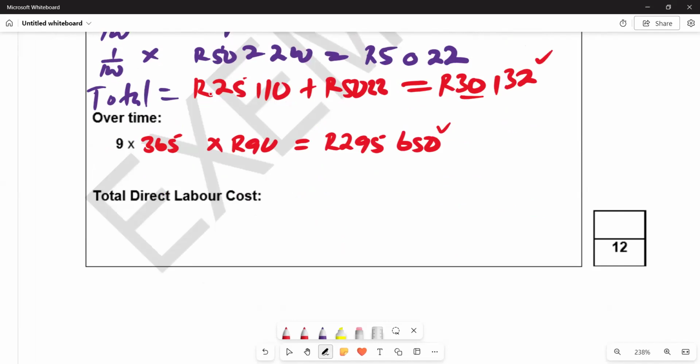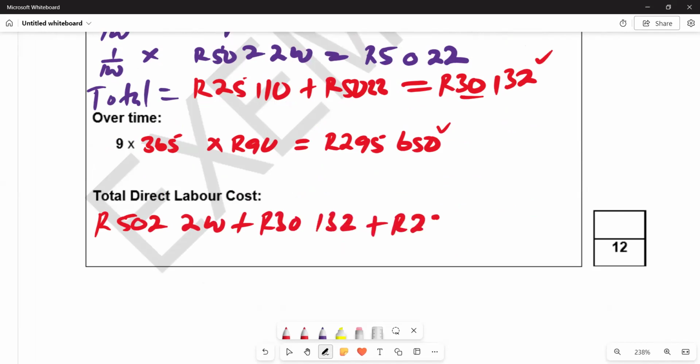So here we are now saying total direct labor costs. We are saying 502,200, I'll add 30,132, and then we add 295,650, and then the total figure that we are supposed to get there is 827,982.